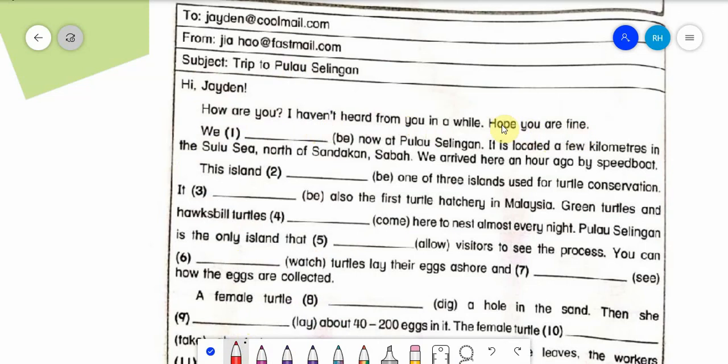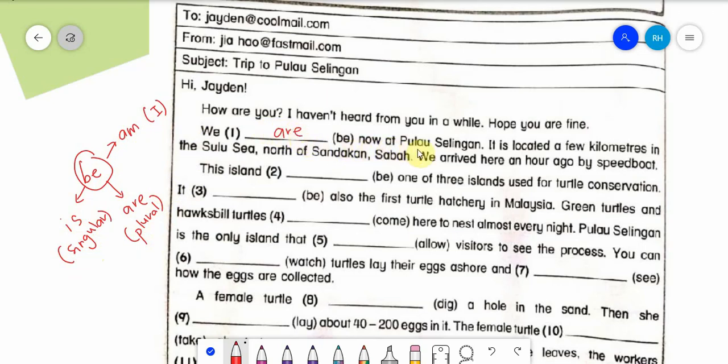Hope you are fine. We is plural, so for the be verb, there are 3: am, are, and is. Am is for I, are for plural, and is for singular. We is plural, so the answer is are.